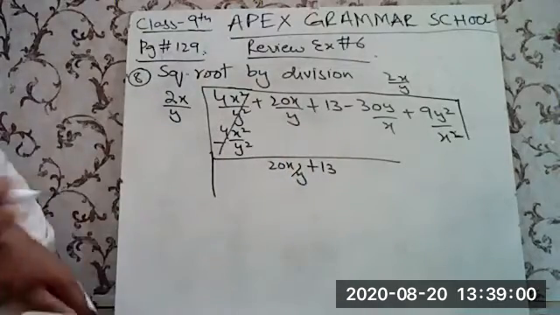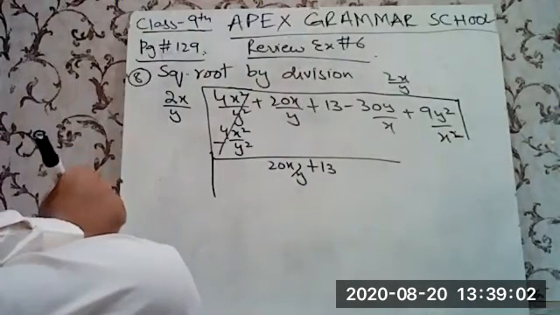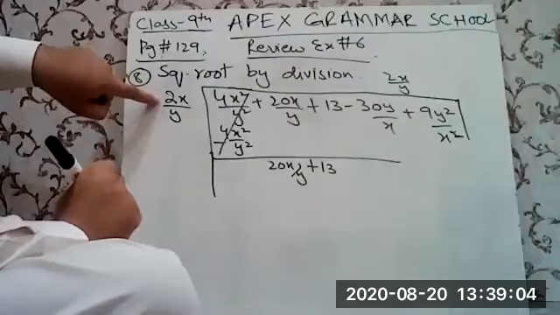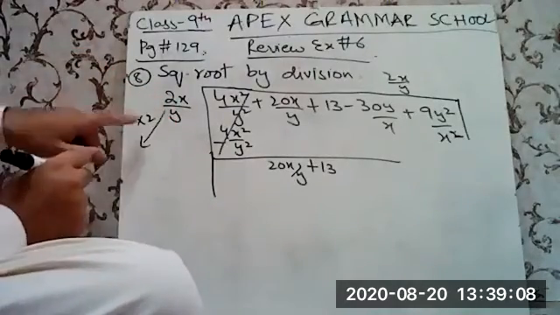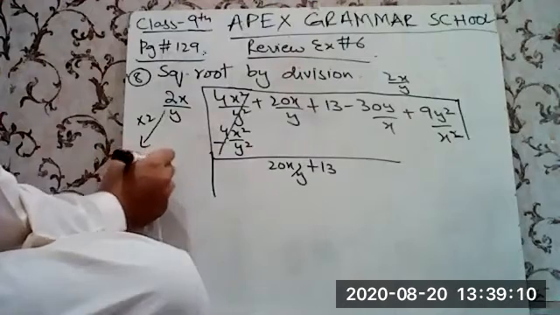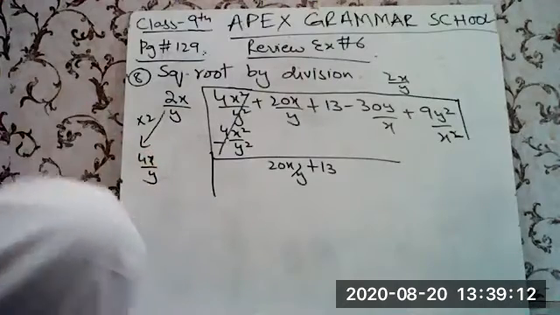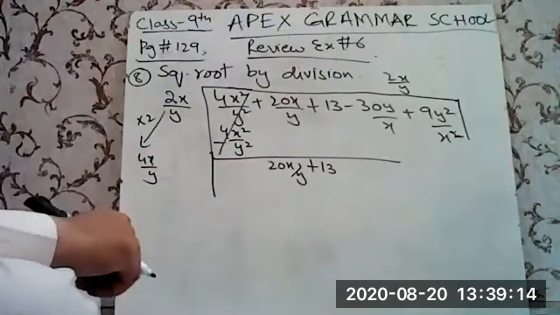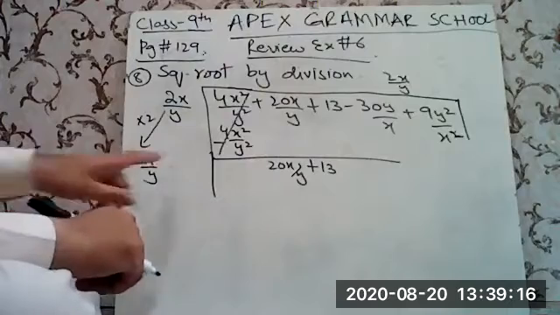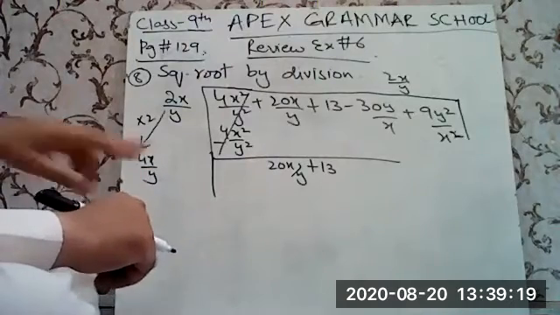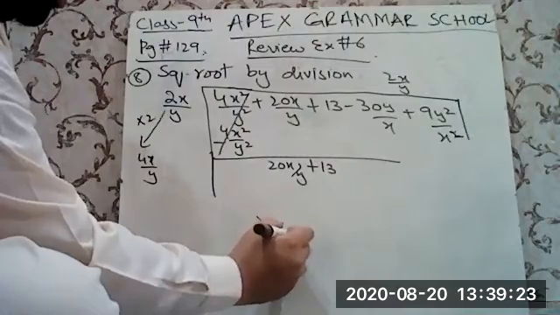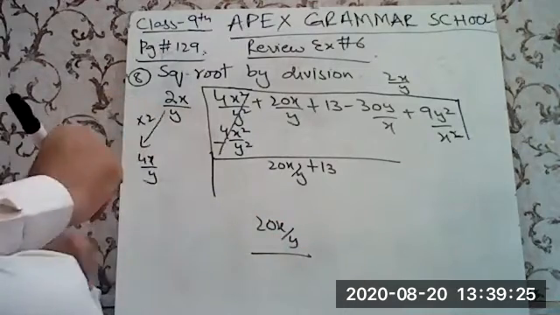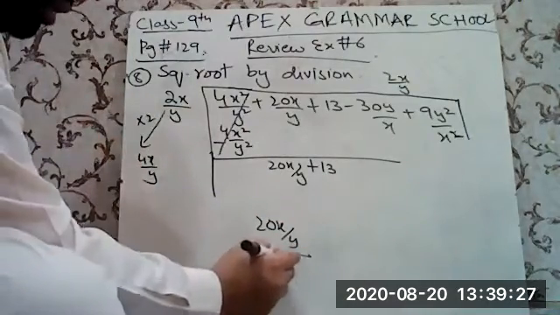Now again we need a divisor. First we need to multiply this number by 2. Multiply by 2, it becomes 4x over y. And now solve it. Again the number which we require here, 20x over y on the numerator and 4x over y on the denominator.